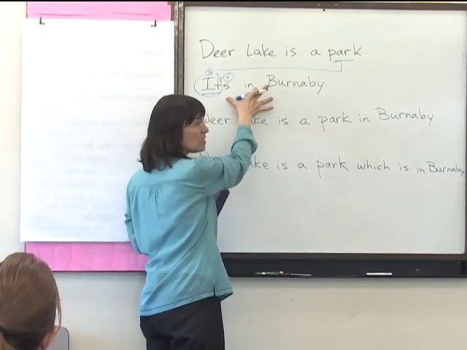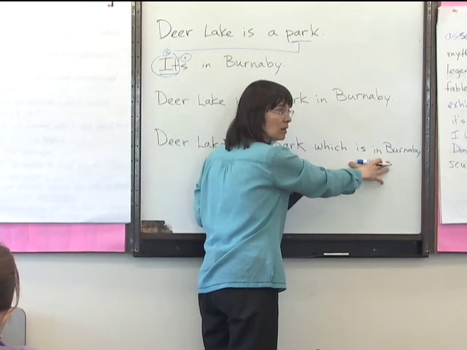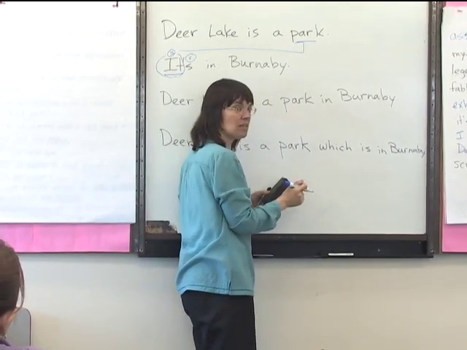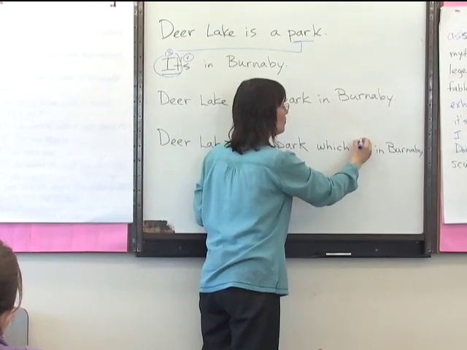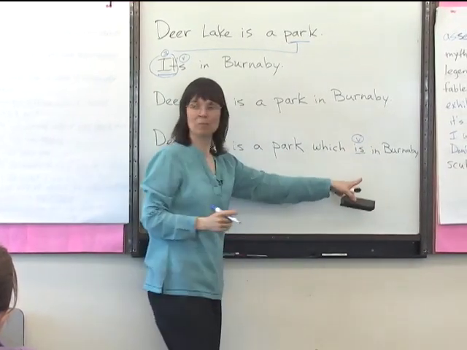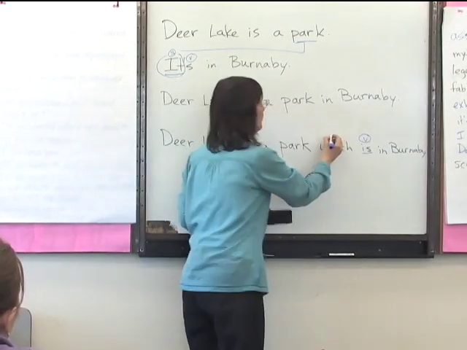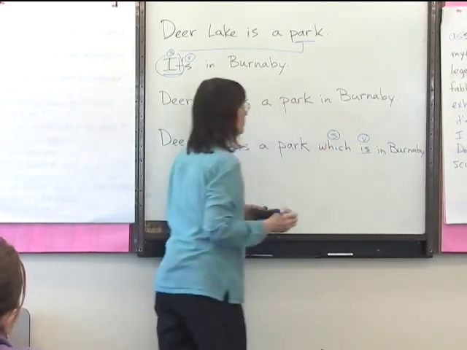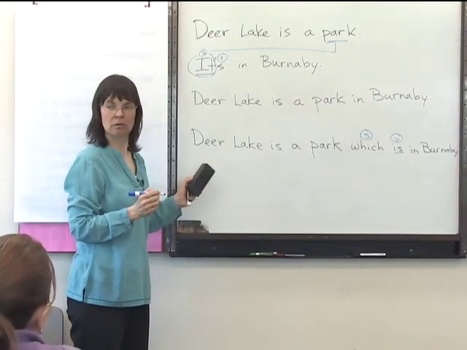We've now moved this sentence down to be part of a new sentence. In the new sentence, or the new part of this sentence, here's the same verb. So what's the subject of this verb? Which. Good. Does that sentence have any more verbs?